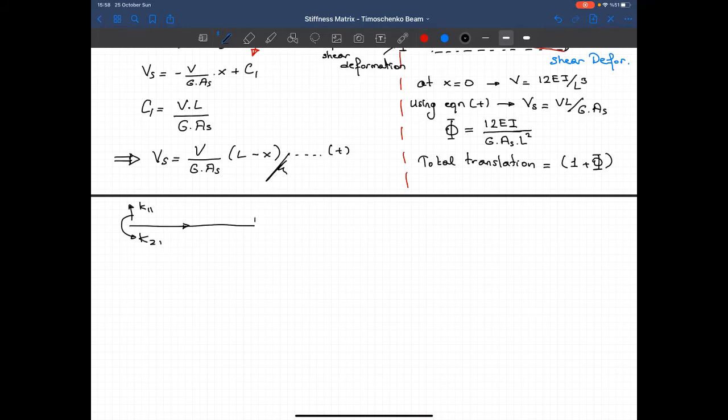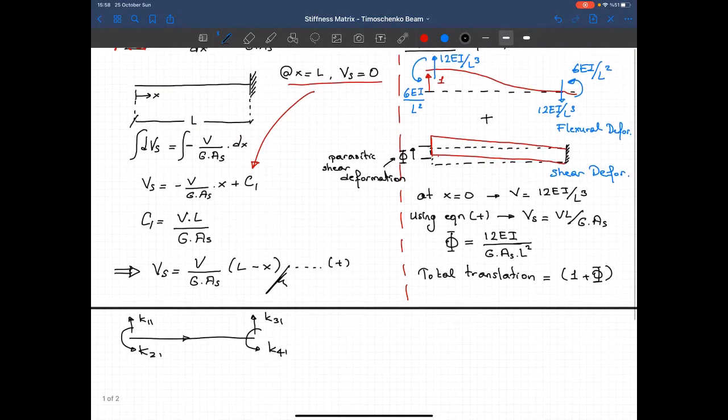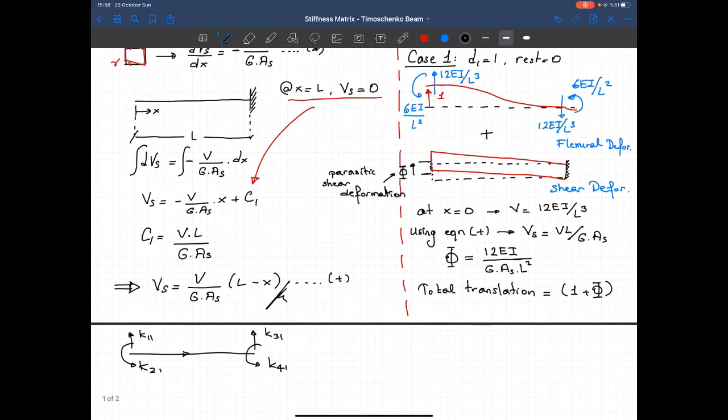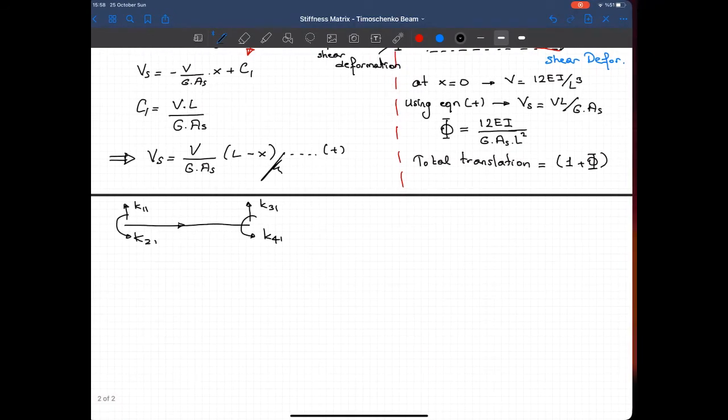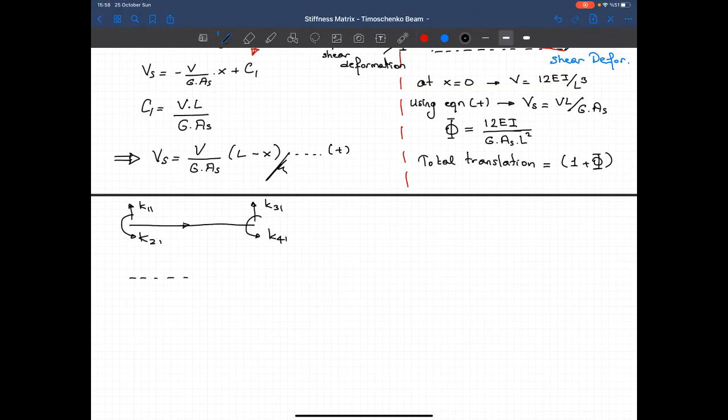K21, K31, and K41. I'll ask the same question again. Now I have 12EI over L cubed. So in order to create a unit displacement, I apply this, but I get more displacement, which is equal to 1 plus phi. So in order to get a unit displacement, what should I do? I should apply a smaller force.